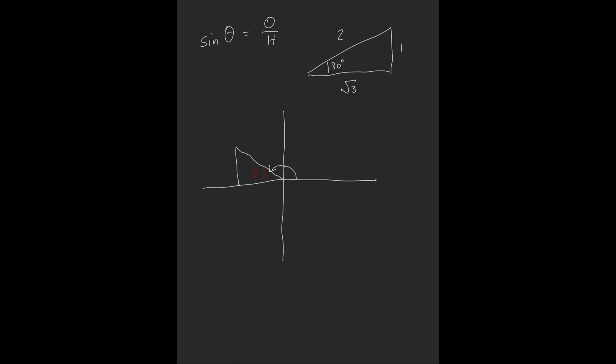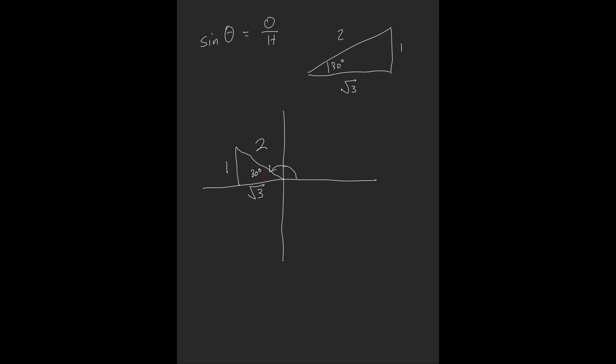Now let's use the knowledge of the signs of our trig ratios to determine the signs of each identity. So we know that theta is going to be 30 degrees. 30 degrees is opposite 1, with the hypotenuse being 2, and the adjacent being root 3.